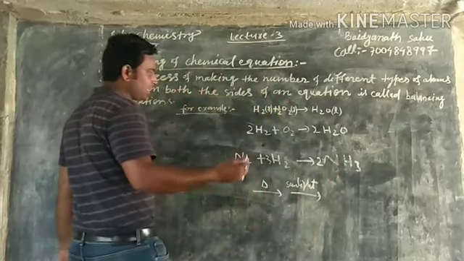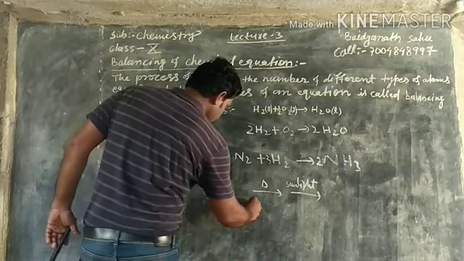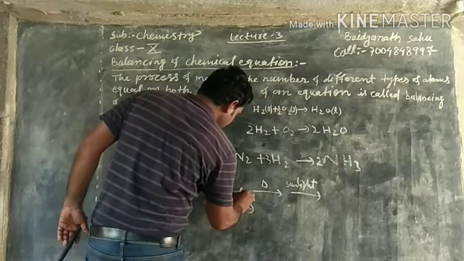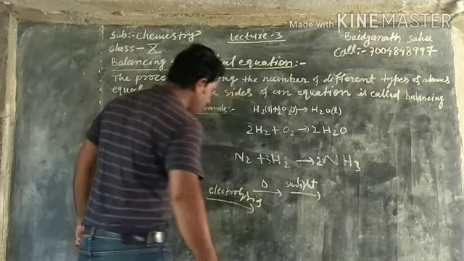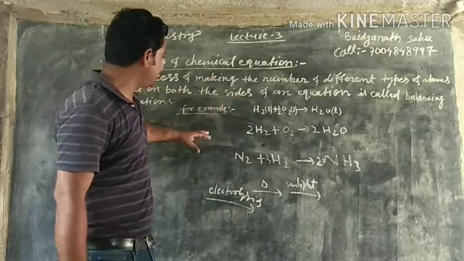Some reactions occur with electricity, so you can write electrolysis here. So these are the ways of making a chemical equation more informative.